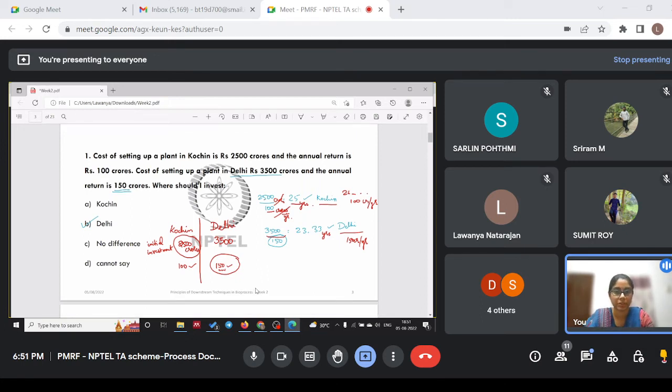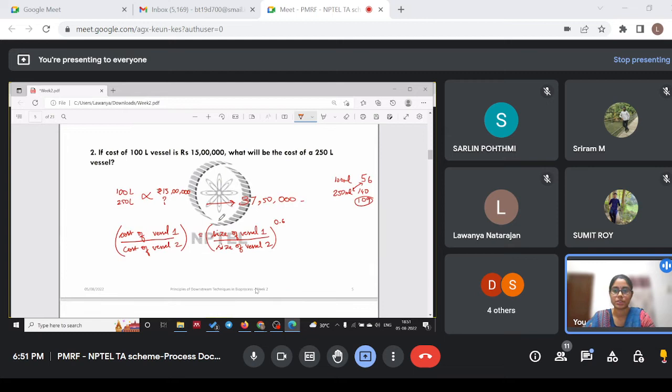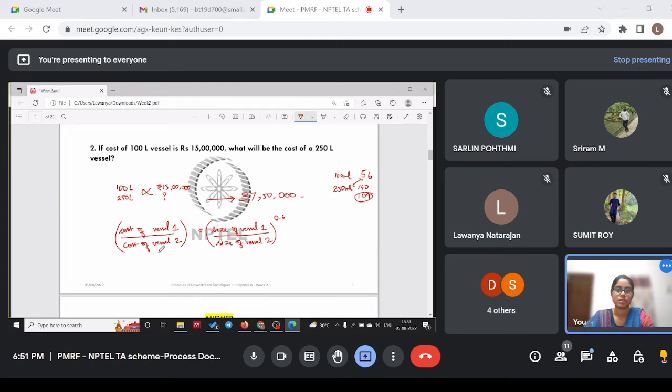So we are clear with question one, right? Here you have a bigger increase in case of Delhi with respect to annual returns, whereas the initial investment is higher with Cochin, but still you divide this up and look at it and go with Delhi, right? So question two was, okay, that's why you had asked for the formula.